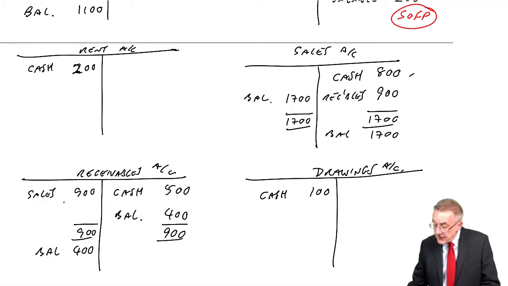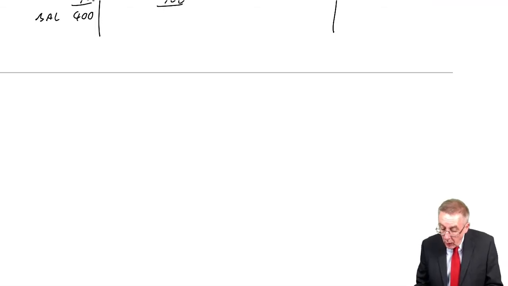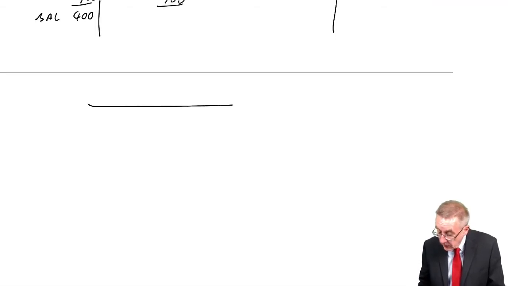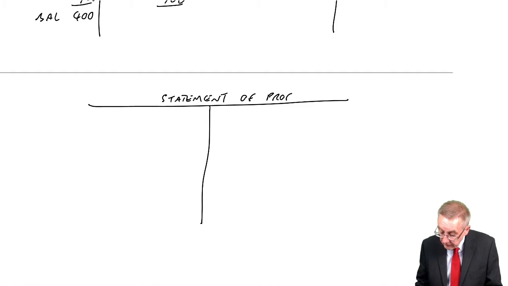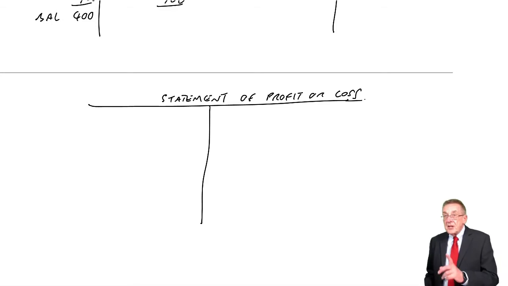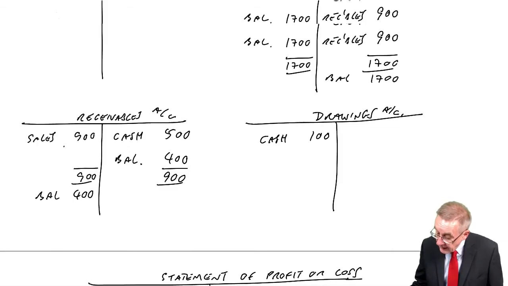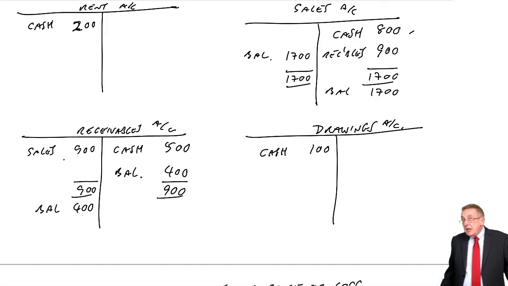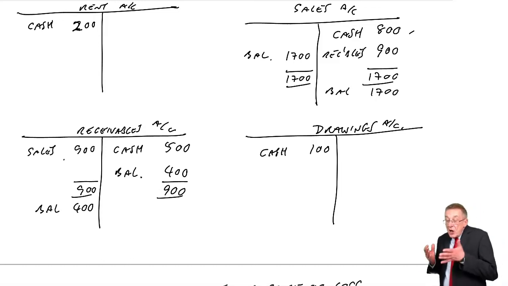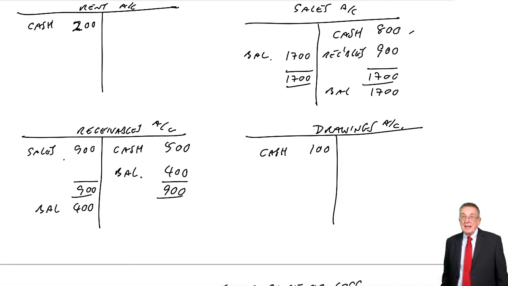And so what we do is this. We open one new T account called Statement of Profit or Loss. And we say, okay, sales, that was simply a list. I say again, there is no asset or liability there. It's a list, it's the income this year.